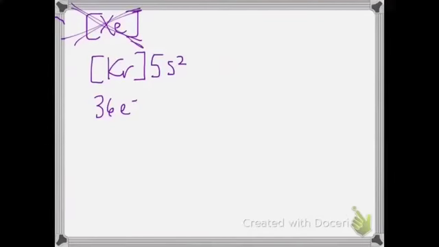So we said krypton was the one before, and that has 36 electrons. How many electrons are then left over? 18. So we need 18 more electrons. If we start at krypton and come down, rubidium and strontium have which electrons? So we need to do 5s2, 4d10, because we're going to go all the way across the d block, and 5p6.